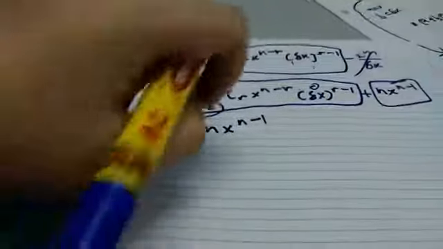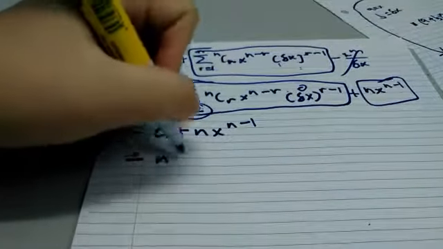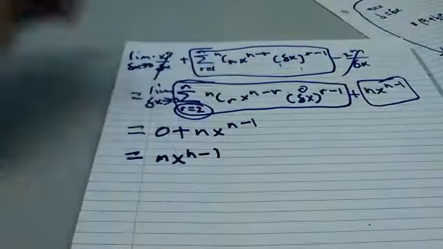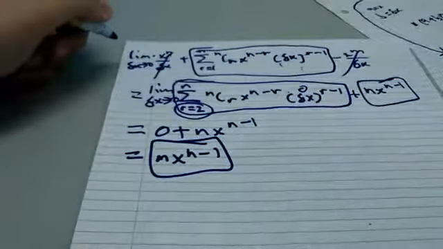So 0 plus n times x to the power of n minus 1. This leads us to n times x to the power of n minus 1, and we are done without using the pattern.